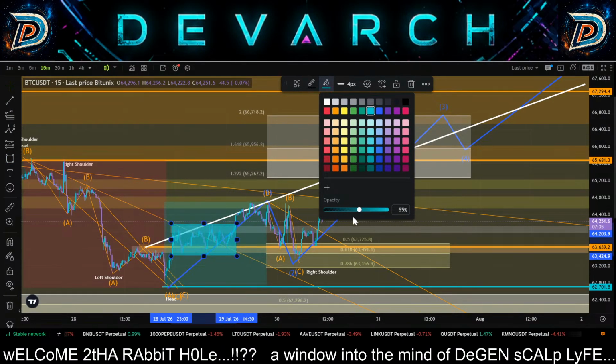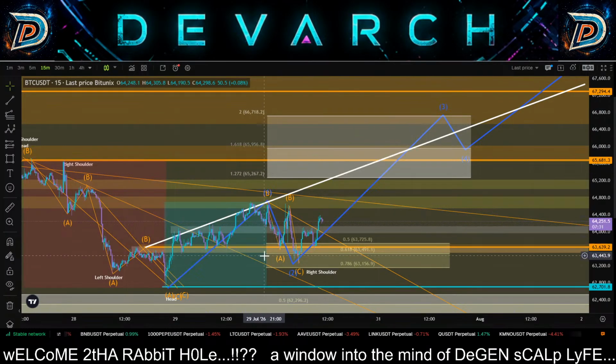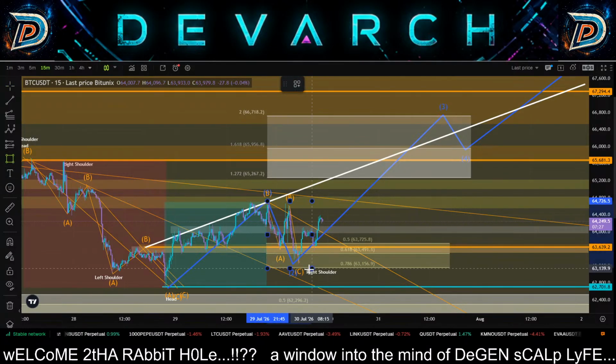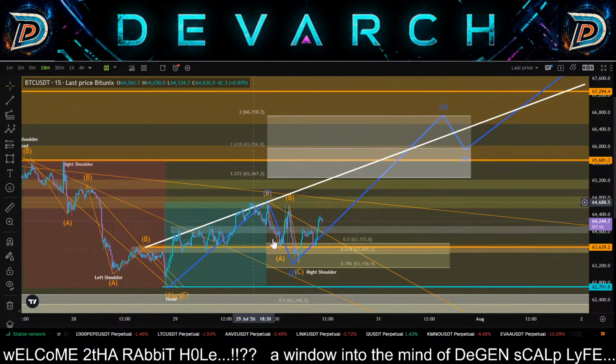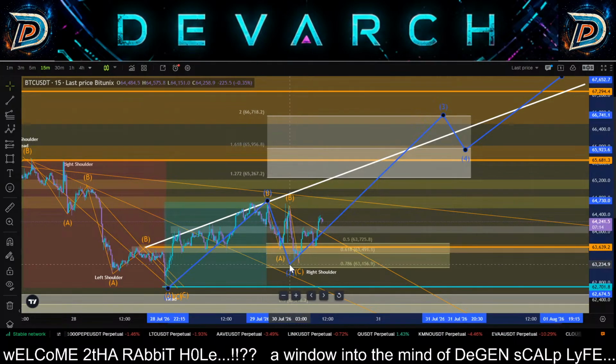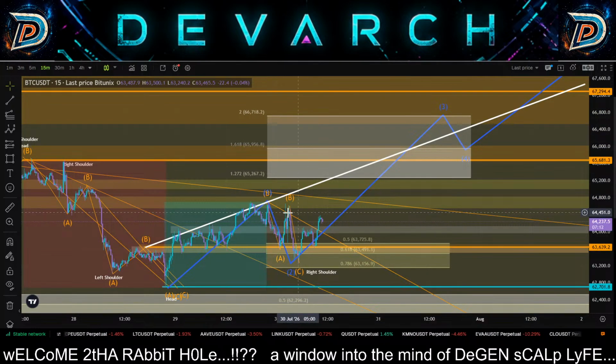There's no 3-wave correction there. The 3-wave correction is in this area. This area is a 3-wave correction, okay? And that 3-wave correction is the wave 2, because wave 2 is a corrective wave.